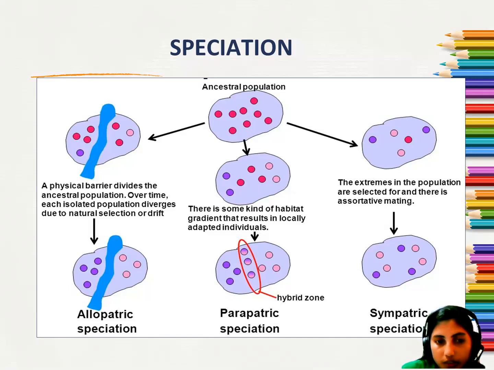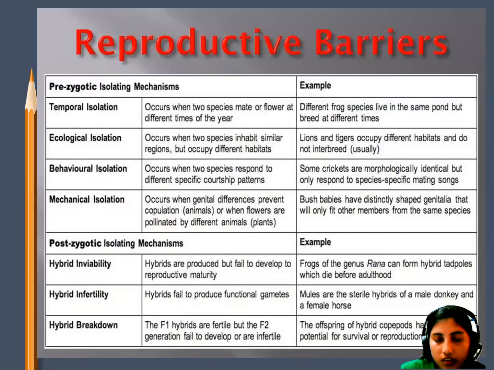And in sympatric speciation, that means the population will be selected for to live in an environment in the given habitat. And what hinders them is the reproductive barriers. There are two different types of reproductive barriers, prezygotic and postzygotic.